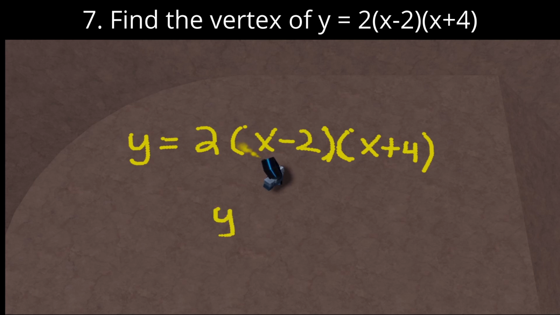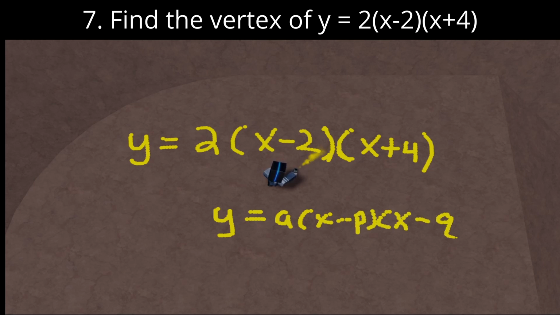Intercept form is a quadratic in the form of y equals a times x minus p and then x minus q. And what's so special about this form? What you know is that the x-intercepts are at p and q. Let me just write that, x-intercepts. So basically, you flip the number inside the parentheses to get the x-intercepts.